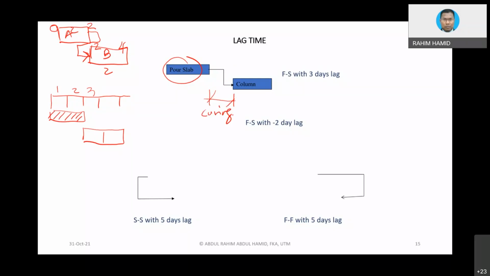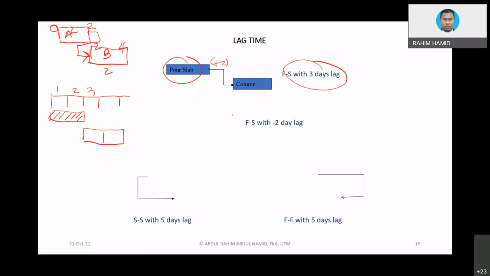But the curing process, you do not want to include as one activity. You don't have to do that. Otherwise, every time you concrete, you put curing as one activity, then the whole planning will be full of curing processes everywhere. No need. Instead we use lag. We are going to indicate in our drawing +2, something like that.